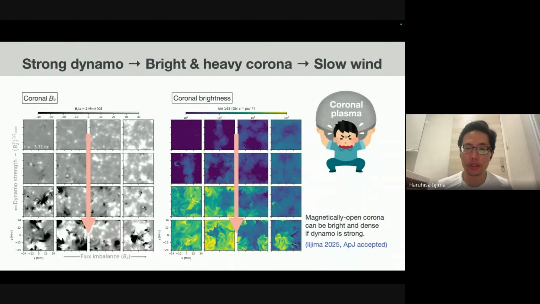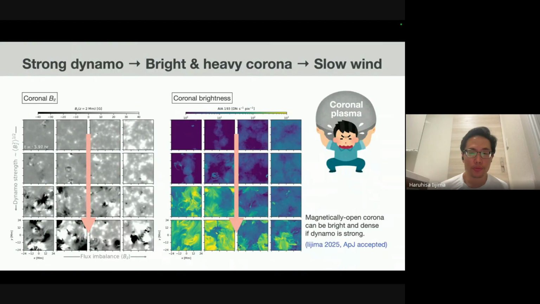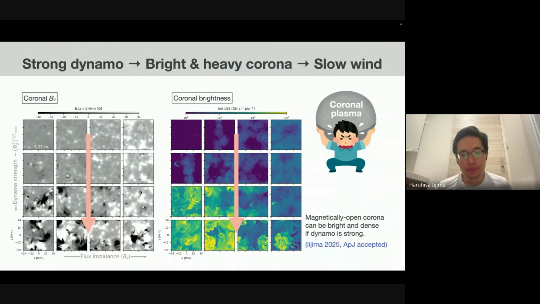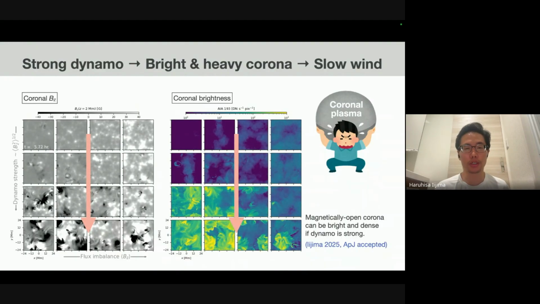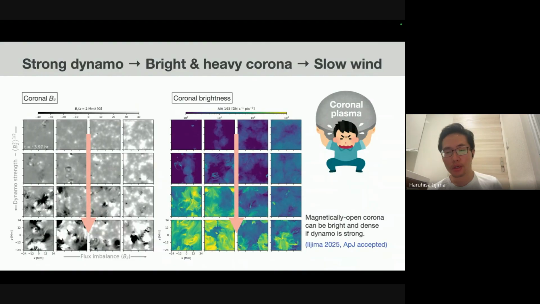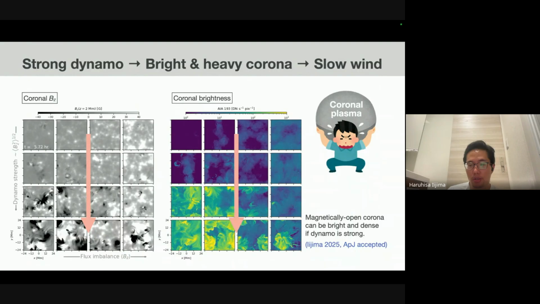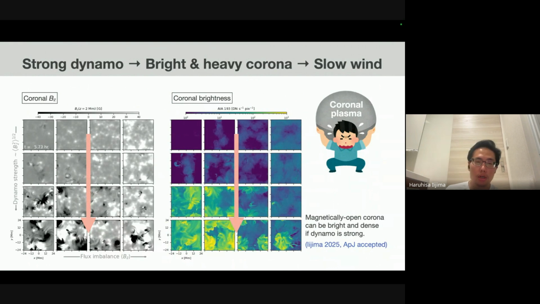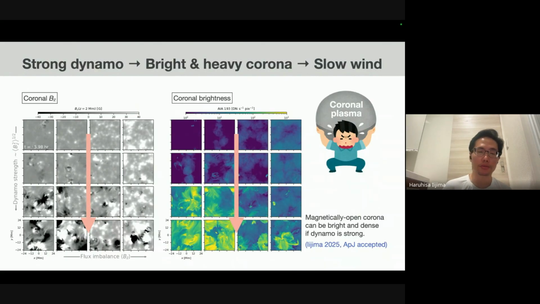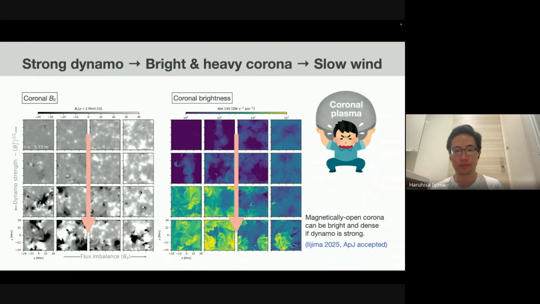This is very natural because high coronal brightness means that there is a strong dynamo process near the solar surface. In an independent study, which was recently accepted in the ApJ, we confirmed that the magnetically open corona can be bright if the small-scale dynamo is sufficiently strong.